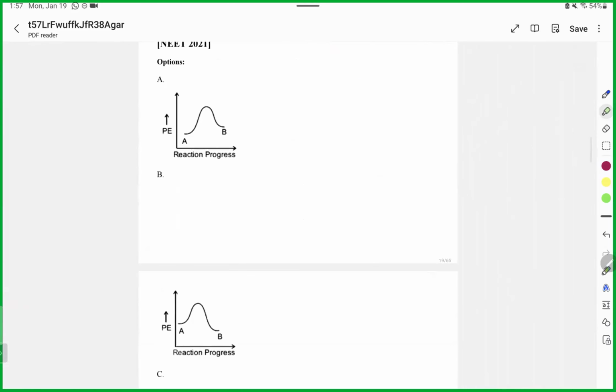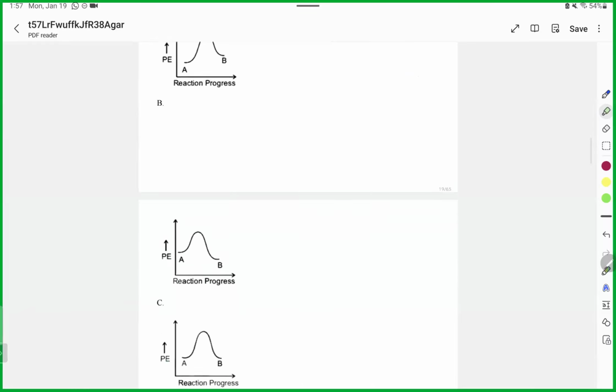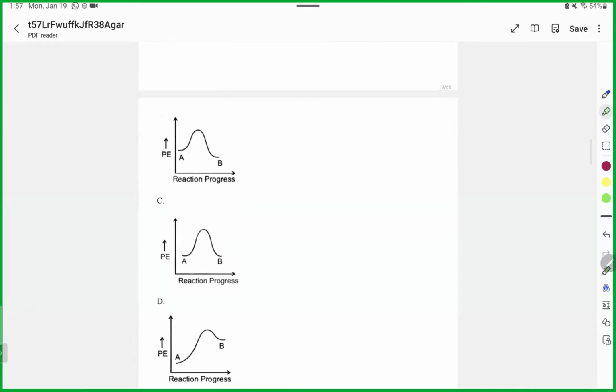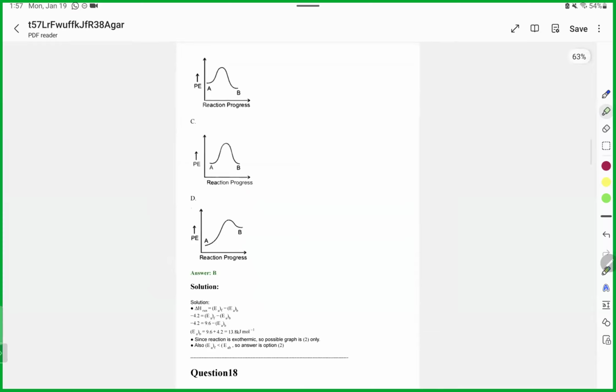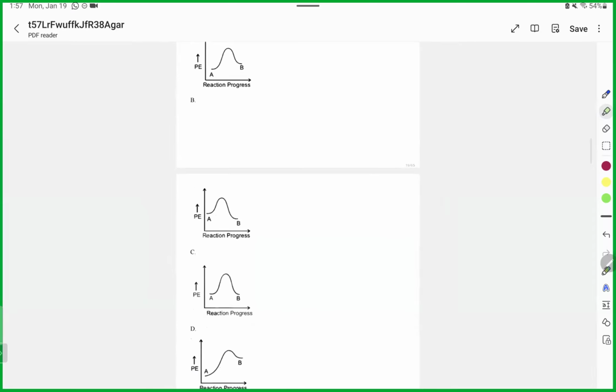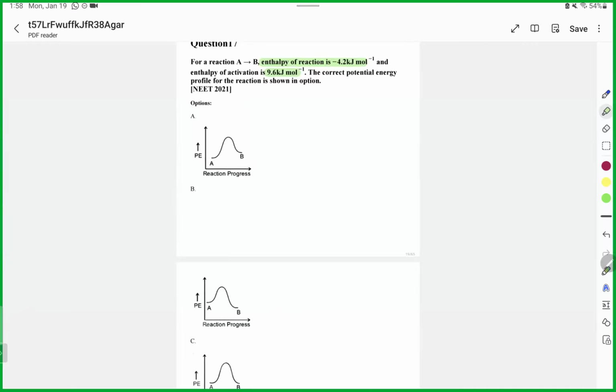A, B, C or D? Yes, sir. Enthalpy of reaction is this. Activation energy this. What will be the potential energy profile?